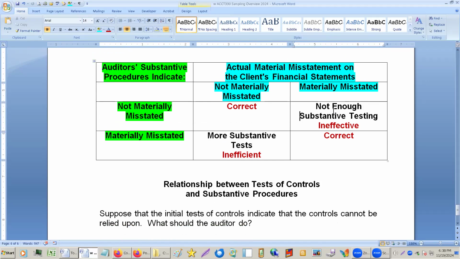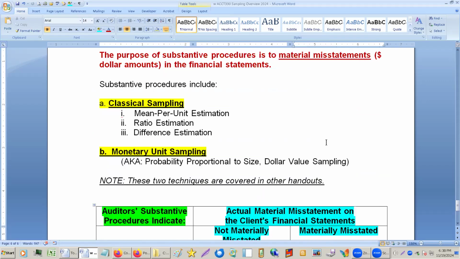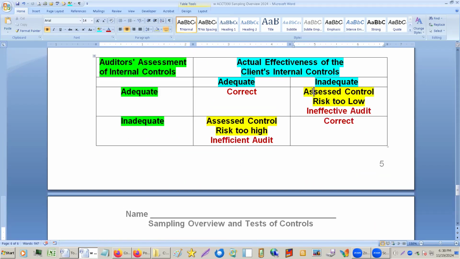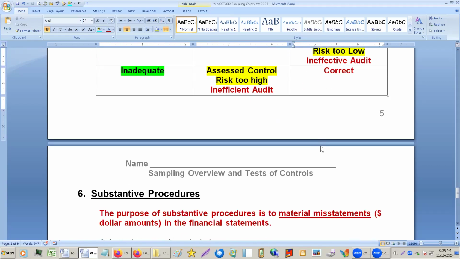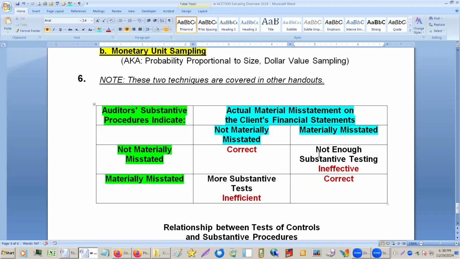Okay, so this one we talk about as over reliance on internal controls, and this one the same thing. We would be fooled into thinking that the financial statements are not materially misstated. That's what our test told us, when they actually are, and then more testing would be needed to find that material misstatement.